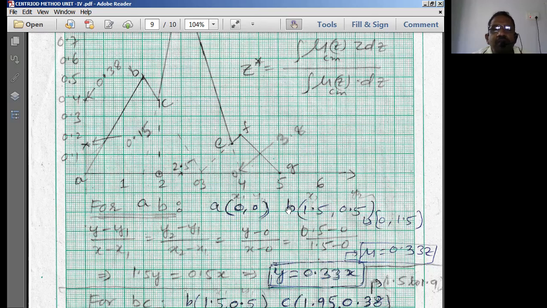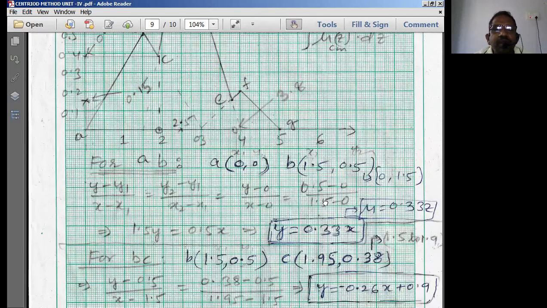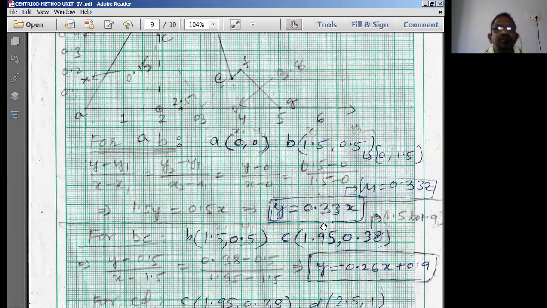What are the interval values for z? It is 0 to 1.5. So let us solve for the equation of this straight line. (y minus 0)/(x minus 0) is equal to (0.5 minus 0)/(1.5 minus 0).